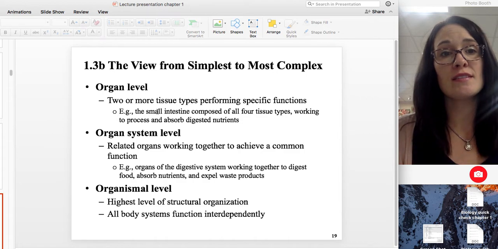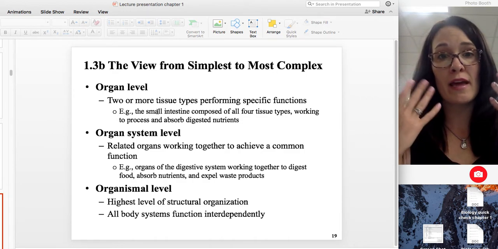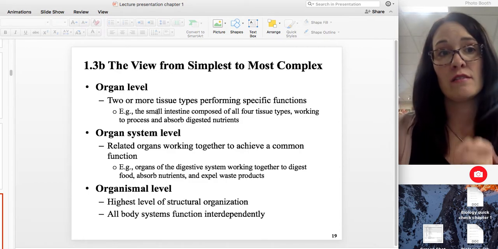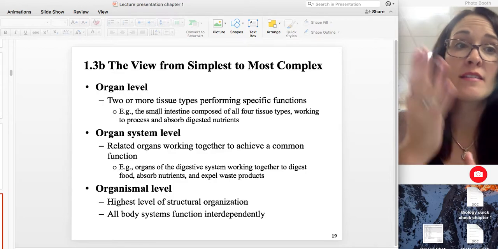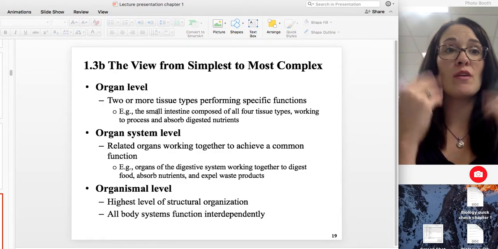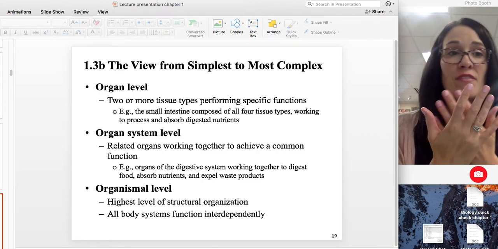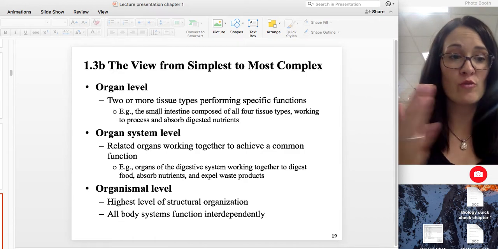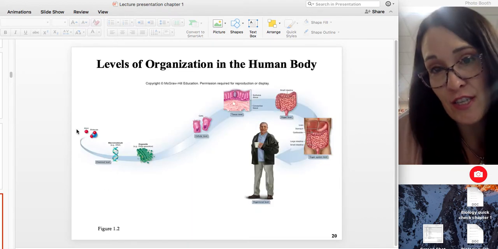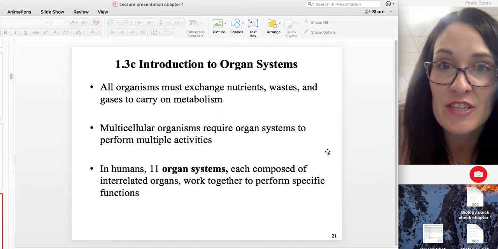Its purpose is to take in, digest, absorb nutrients, and expel waste products. And then the 11 different organ systems make up the organism. All those systems work together and function interdependently to make you who you are. This is just an image showing those different levels of organization.